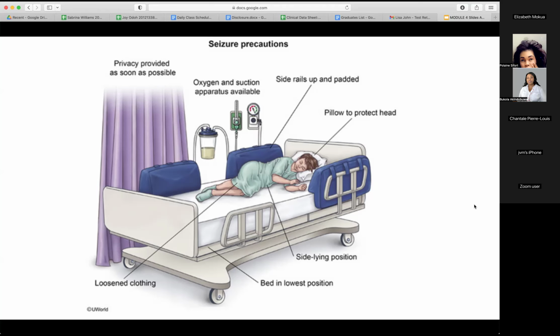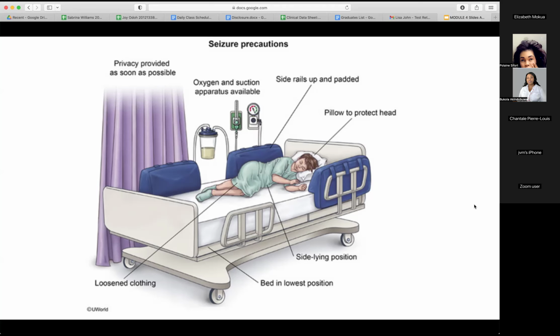Remember, anytime you see the word recumbent, it means the part of the body that's touching the mattress. So if we say lateral recumbent, the side, okay? So this patient, are they left lateral recumbent or right lateral recumbent? Left. Beautiful. But either side is fine. You want them lateral recumbent or side lying.